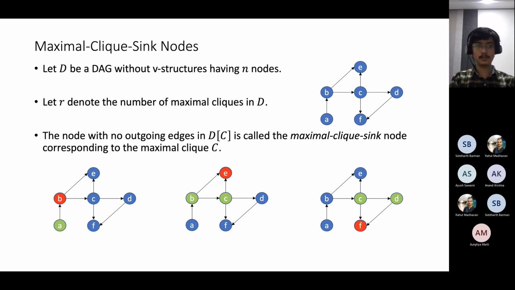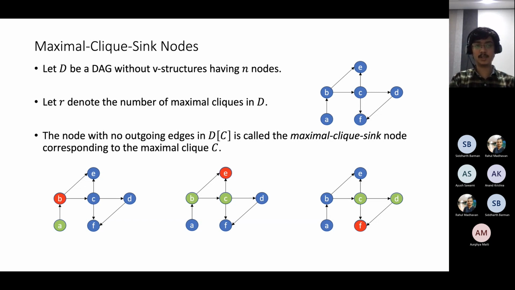We also prove that for DAGs without V structures, there is a unique node corresponding to a maximal clique, which is its maximal clique sink node. So this means no two maximal cliques have a common maximal clique sink node.